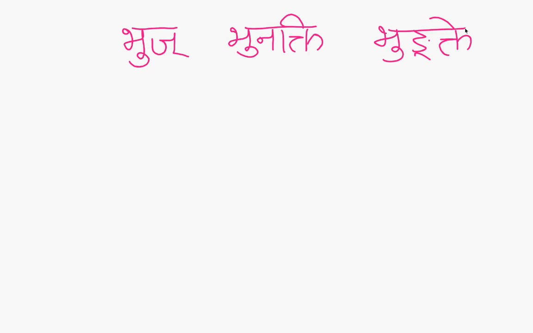But in Parasmaipada and Atmanepada, their meaning remains the same. Only they are supposed to be used in certain padas. If it is an ubhayapadi dhatu, then we generally use Parasmaipada if the benefit of the kriya is going to another person, not to the karta, whereas we use Atmanepada if the benefit of the kriya is going towards the karta, not somebody else.